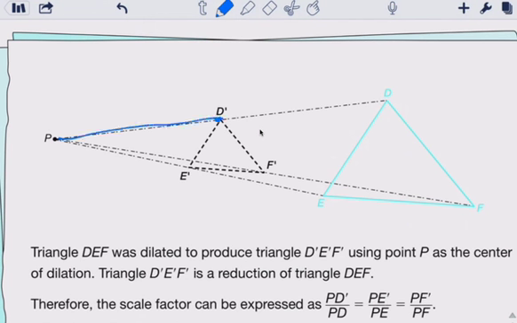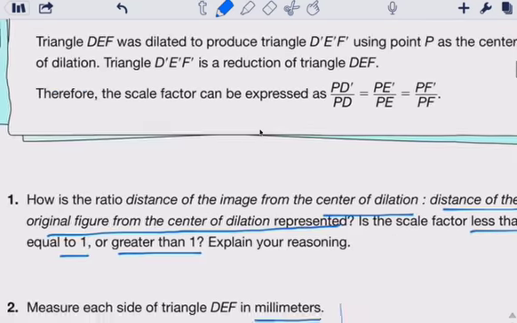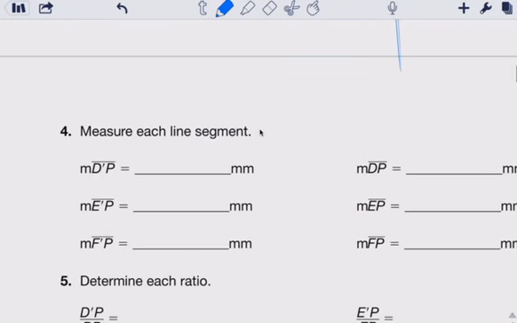You measure that, you should get 4.4, somewhere around there, or 44 here, times 10. Okay, E prime to the point of origin, you should get 36. Here you should get 56 millimeters.